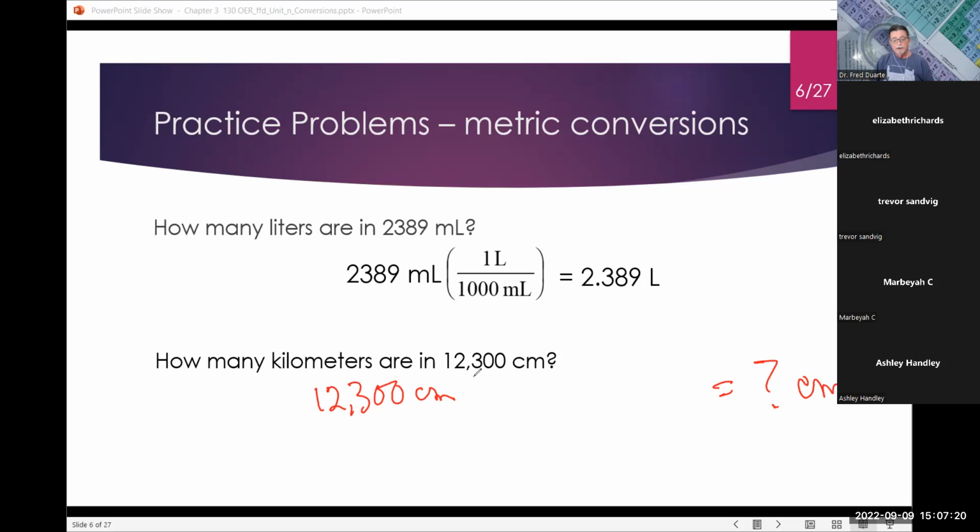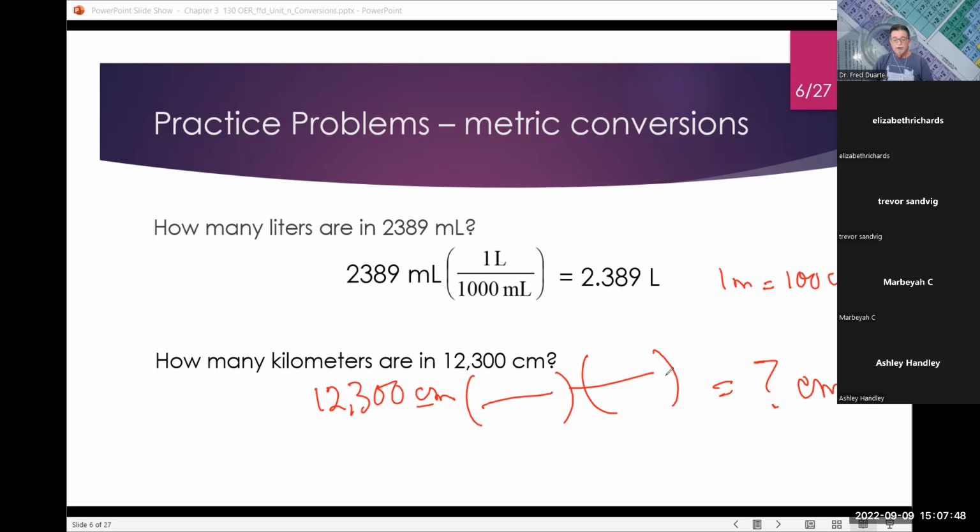All right, so I'm going to need factors here. Probably about 2 of them. Okay, and what do I know? What connection do I have? Well, if you go back to the table that we talked about earlier, we know that in 1 meter there are 100 centimeters, right? I use that because I start off with centimeters.